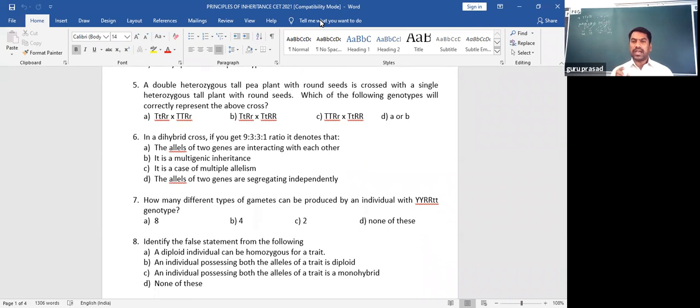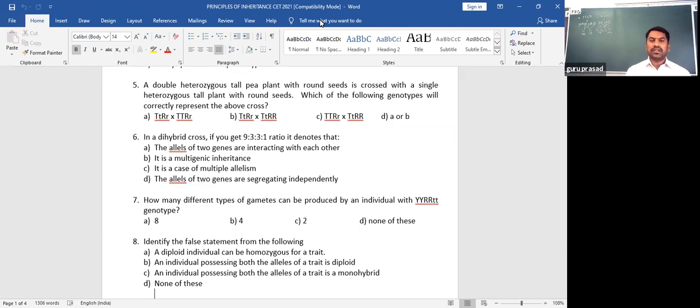One character has been mentioned, another character has not been mentioned, because if you observe the options, the genotypes given are for two characters. But they have only mentioned a double heterozygous tall pea plant with round seed. Tall is one character, round seed is the other character.